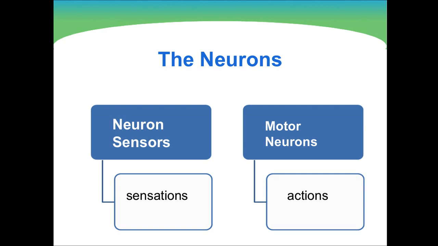For example, the sensory neurons allow us to sense determinate sensations, while the sensory motors allow us to perform actions with our bodies. All of the neurons, in order to function, must respond to a determinate stimulus and communicate the presence of this to the central nervous system, and therefore to the main parts of the brain that process and manage all of the information. The brain will consequently send the instructions to the body in order to carry out determinate actions.